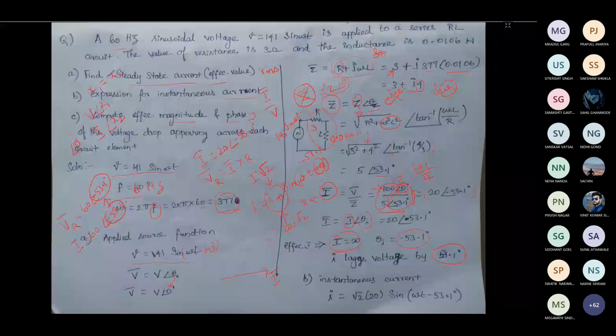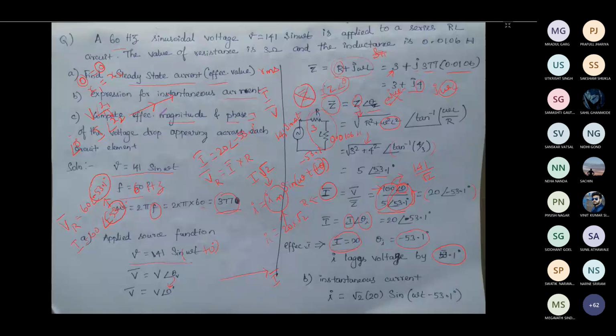What I mean to say is, it can have some value, but it is always X1 equal to X2 when you are talking about the voltage across the resistor and the current passing through the resistor. So the difference between X1 and X2 is always 0. That is why we are saying that the current through the resistor will be in phase with the voltage, or in the reverse way it is true.